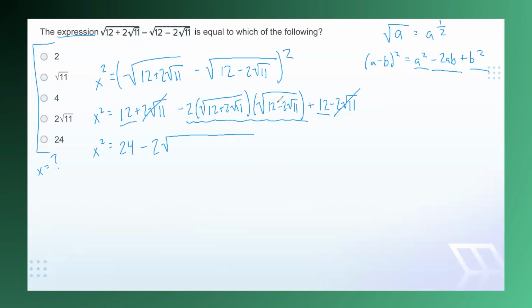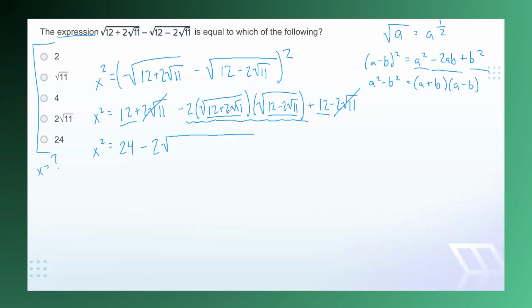Kind of complicated. Now, we may have noticed earlier in the problem that we had the makings of a difference of squares here, and that is finally coming to bear. So we know that a squared minus b squared is going to be equal to a plus b times a minus b.